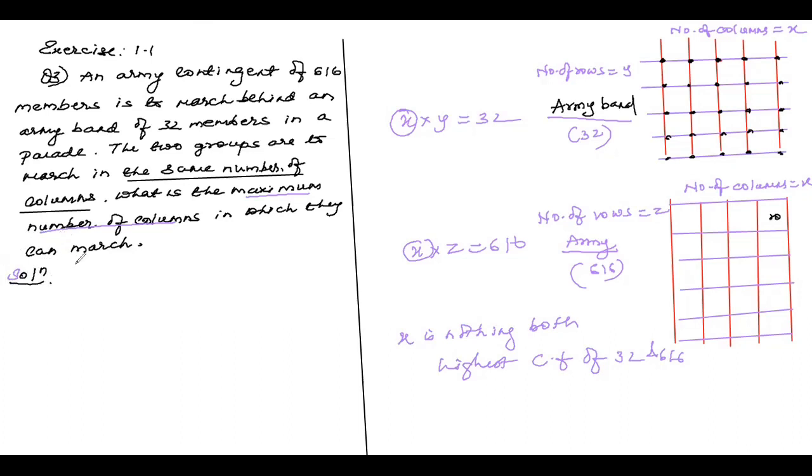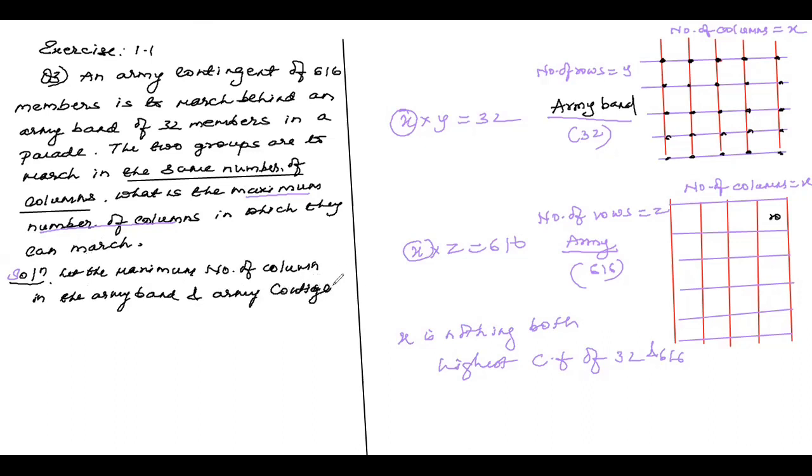Okay, let the maximum number of columns in which the army band and army contingency march be x.